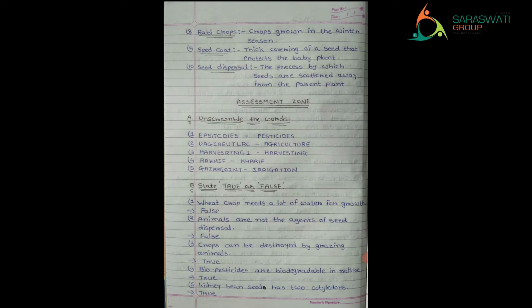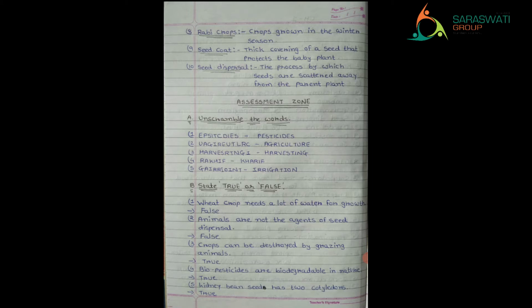Because if the crops are eaten by animals, then they will be destroyed. Yes, so this statement is true. Now, fourth one, biopesticides are biodegradable in nature. That means they easily mix into the soil. We have understood the biodegradable meaning in the explanation, right? So this statement is also true.